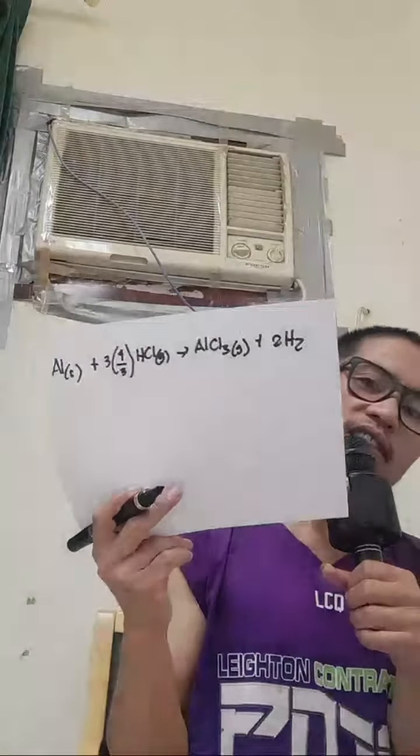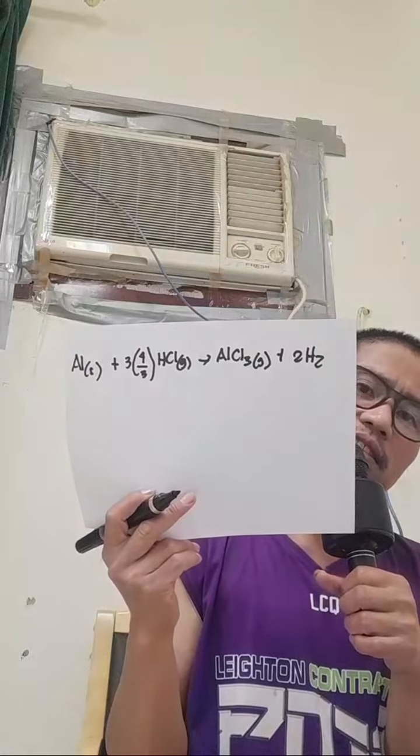So this is going to be 3 times 4/3, 4/3 HCl gas equals aluminum chloride gas plus 2H2. Take note. Let's do the algebra once again. So this becomes simplified.